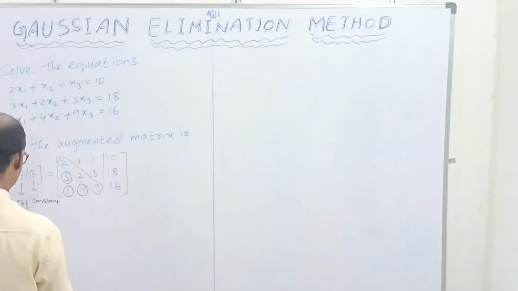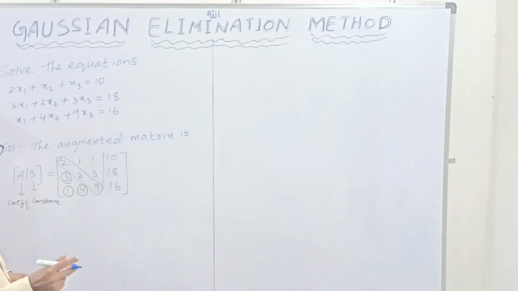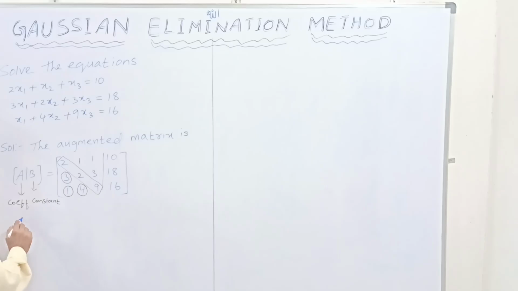So what we do here, we will use only the row operations. So what I will do here is R2 is changed as 2R2 minus 3R1.